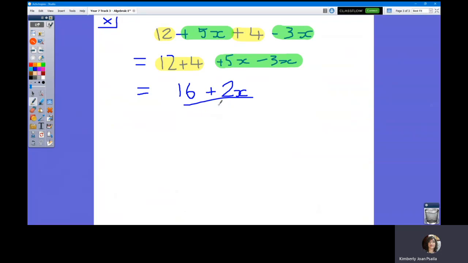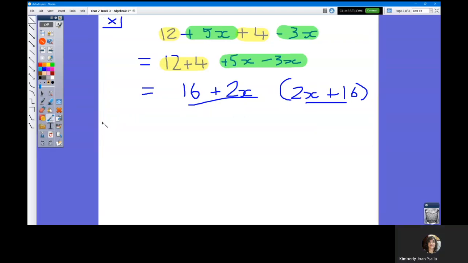Side note for this, if you write this answer or you write this answer, they are both considered correct because in any way or order the terms are put, they should mean the same thing, okay? Because here we have a positive 16 added to 2x. So this answer and this answer, they are both correct.